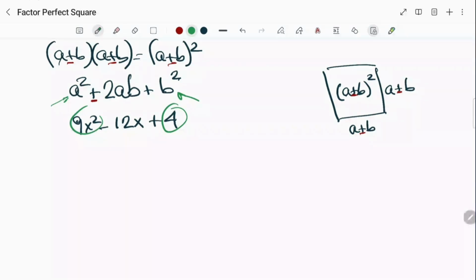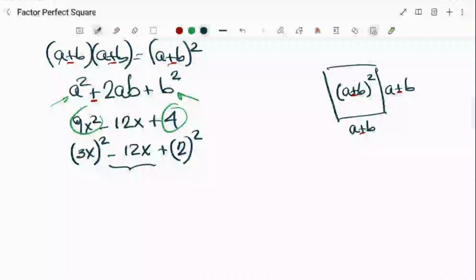We can rewrite that expression as 3x to the square, which is my first term, minus 12x plus 2 to the square, which is b to the square. If the central term is 2 times ab, then we are in presence of the perfect square. In that case, a is 3x and b is 2.